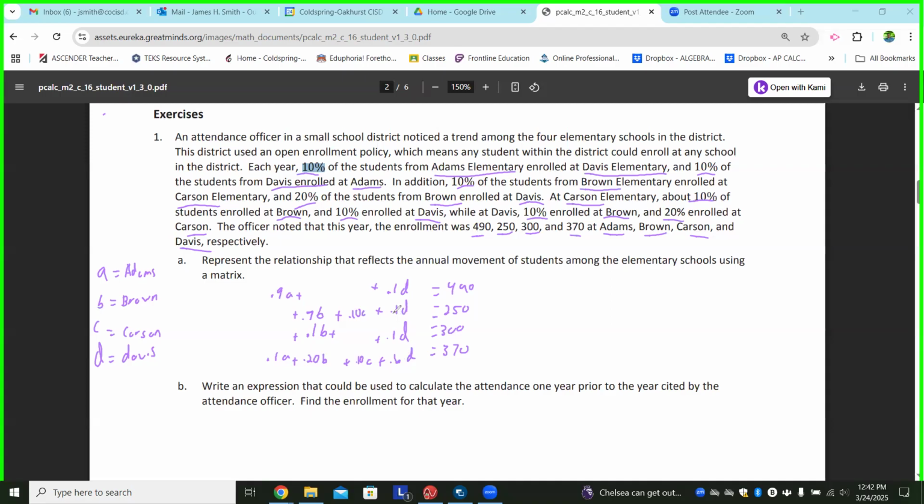At Brown. Oh. Okay, so that 0.2 here would need to be added to the Carson side. What'd you get? I guess 20.